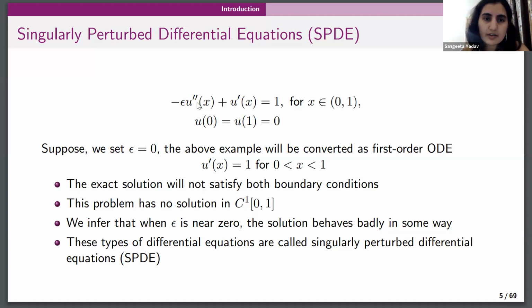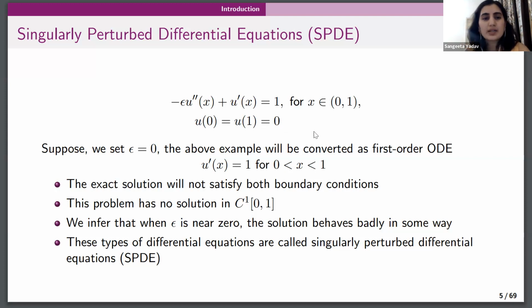In that case, this term will be negligible, and the equation will be reduced to a first order ODE. The solution of this first order ODE will be u(x) equals x. But if the solution is equal to x, then it won't satisfy these boundary conditions, that is, u is 0 at 0 and 1, because for u(x) equals x, the value of u at 1 will be 1.